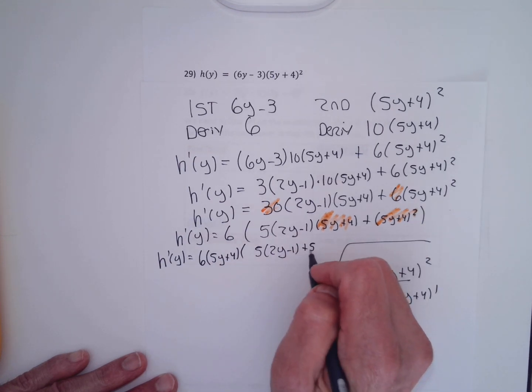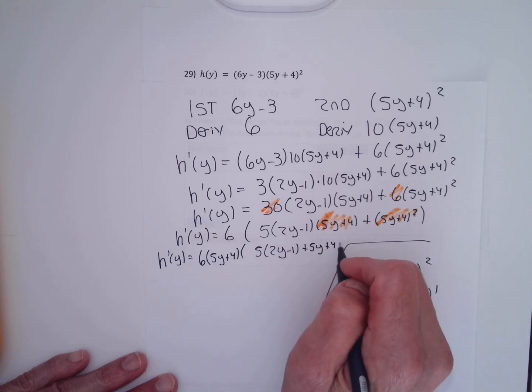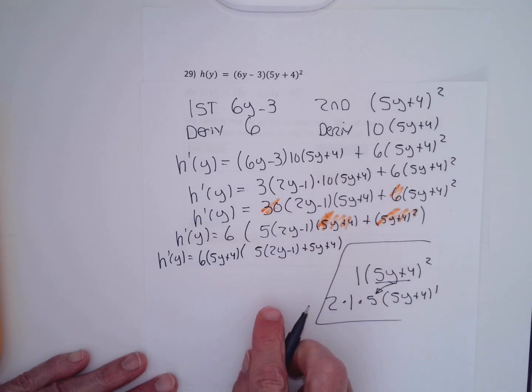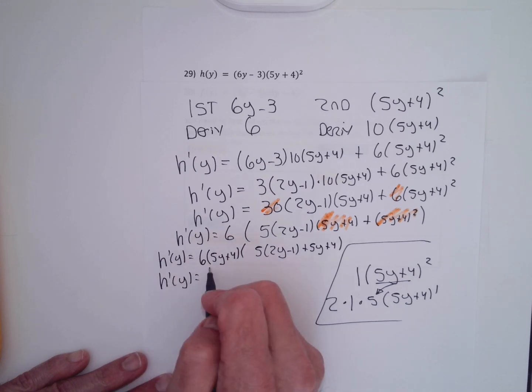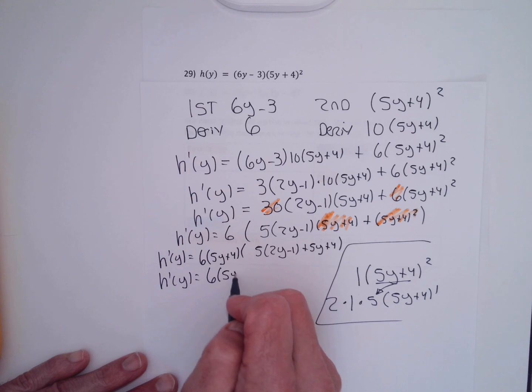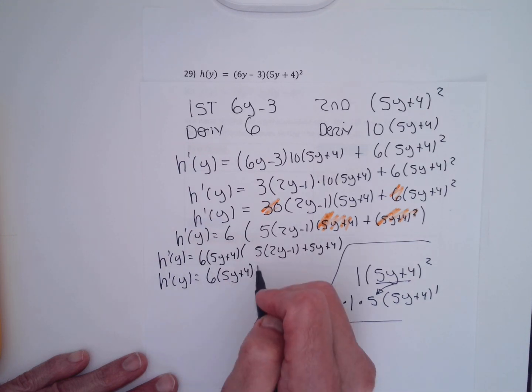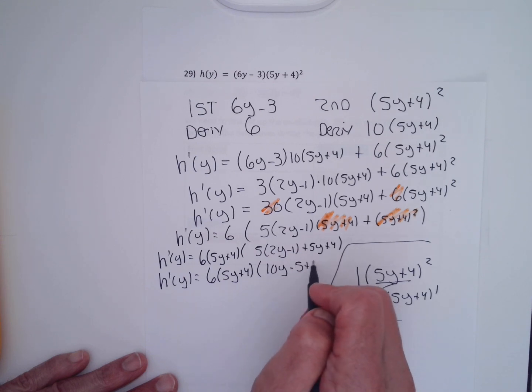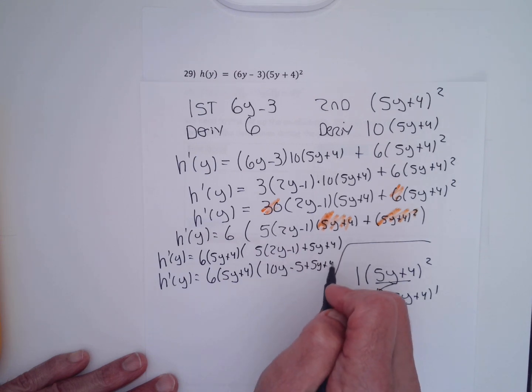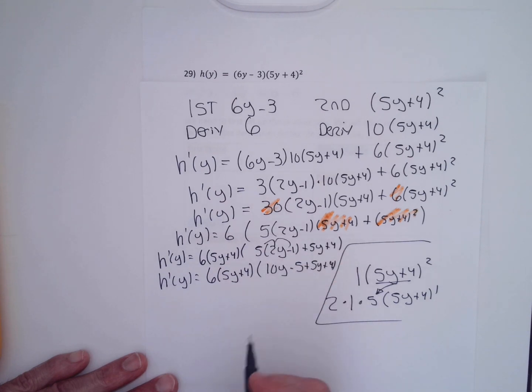I don't need the parentheses anymore because I no longer have an exponent. Let me clean up the inside of this parentheses: the derivative is 6 times (5y plus 4) times (10y minus 5 plus 5y plus 4), clearing that parentheses.